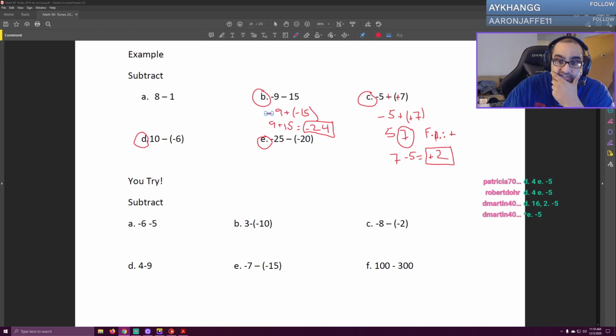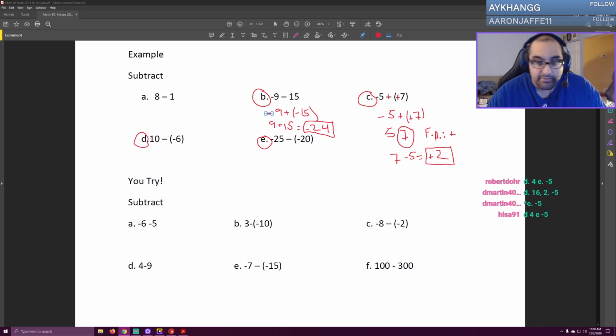So we got 16 and minus 5. 4 and minus 5, okay. All right, got a few answers there. That's good. All right, so looks like we have the same answer here for E, but it looks like we have differing answers here for D. Well, let's take a good look here at this, and let's see what we're working with.